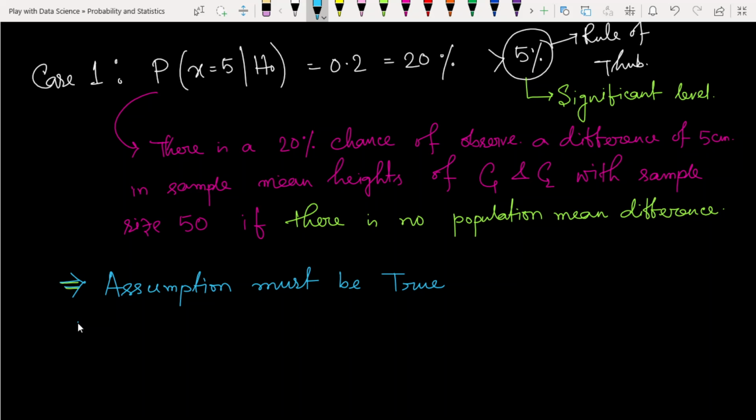That means we accept the null hypothesis. Here we accept the null hypothesis, meaning there is no difference in the population.